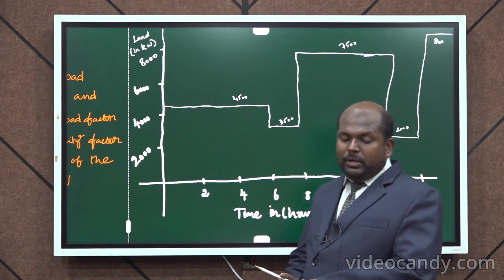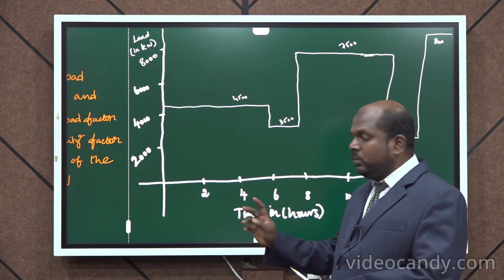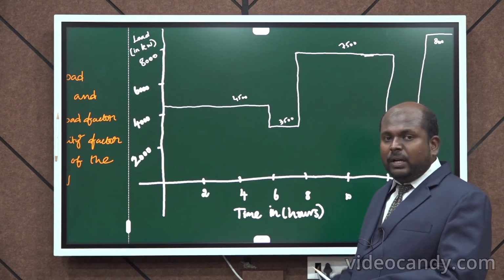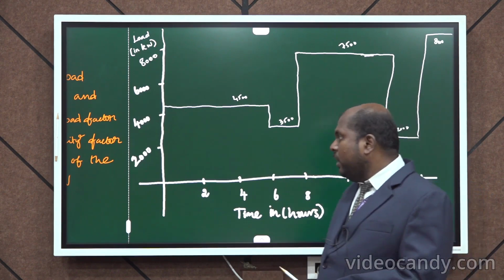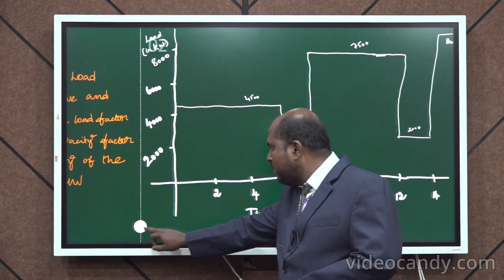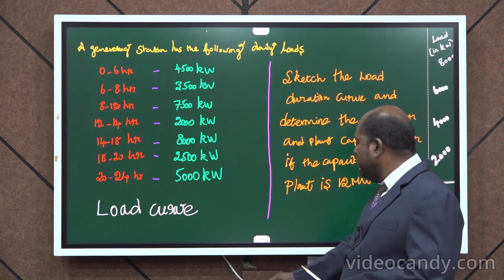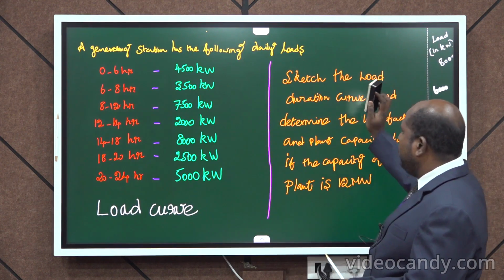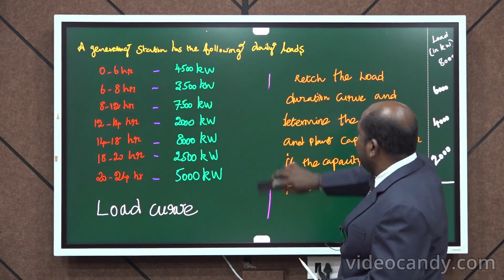Now I am going to discuss the load duration curve, which is very important for our current consideration. I am going to rub everything off and have a clean sketch.